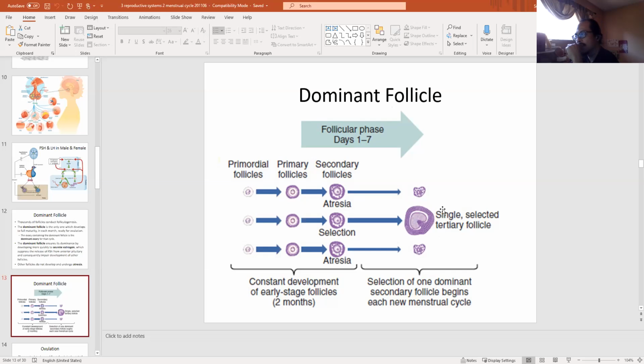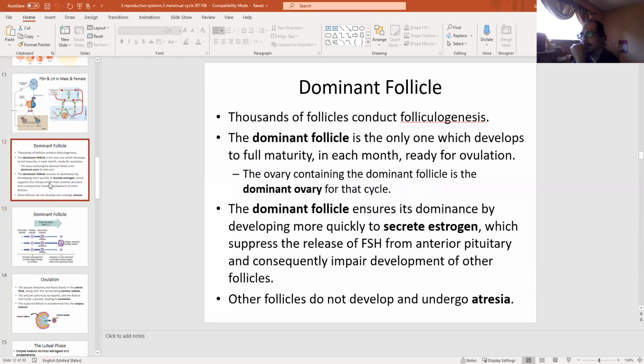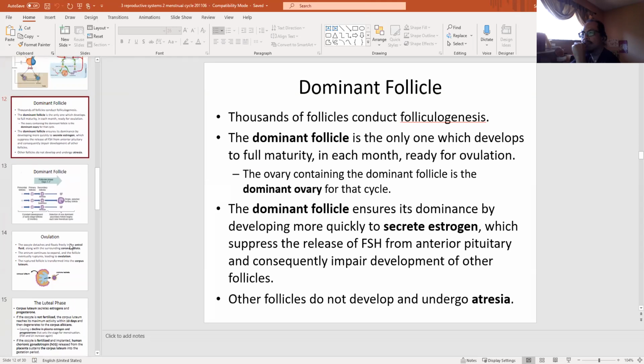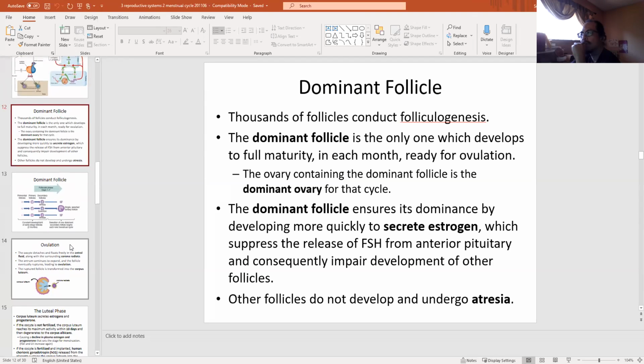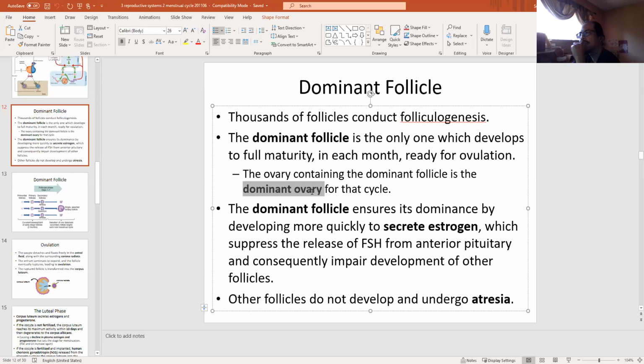So every month we have one single winning oocyte and thousands of dying oocytes. That's the dominant follicle. We have two ovaries in each female, and the ovary that hosts the dominant follicle is called the dominant ovary.